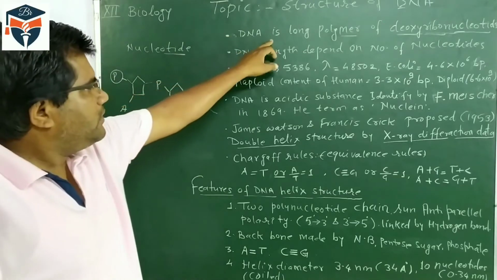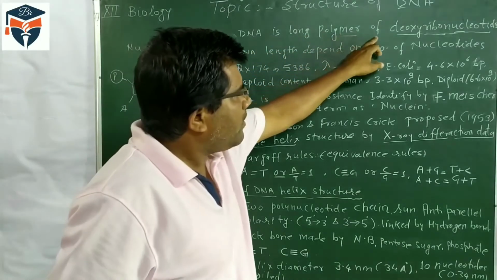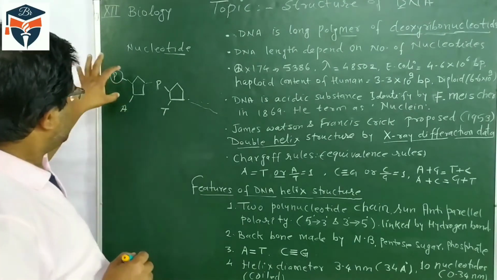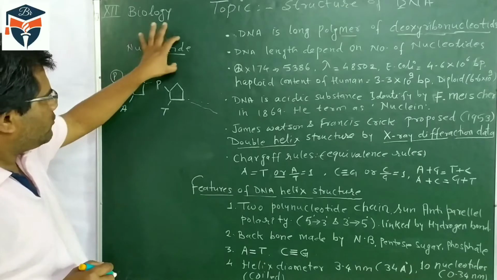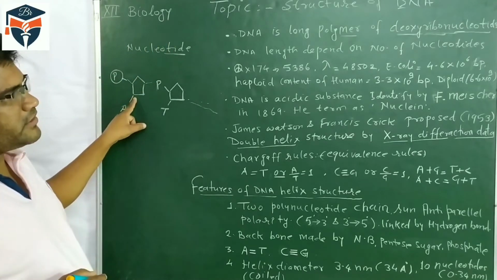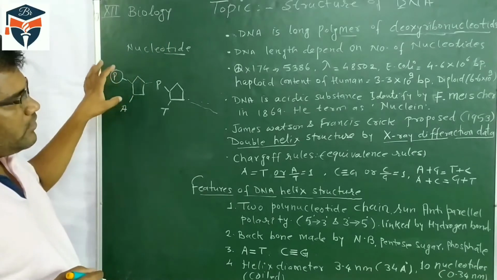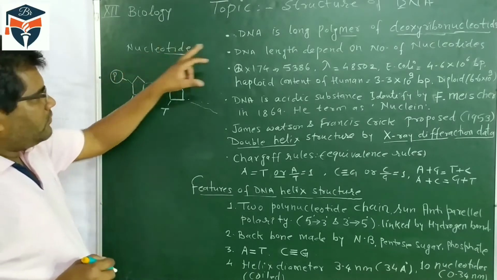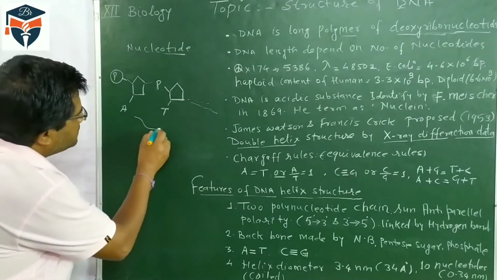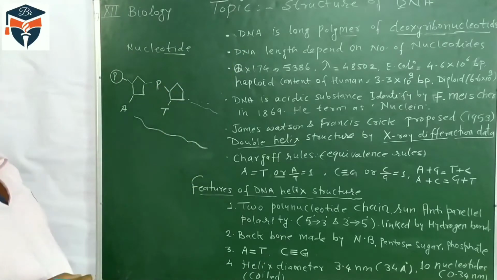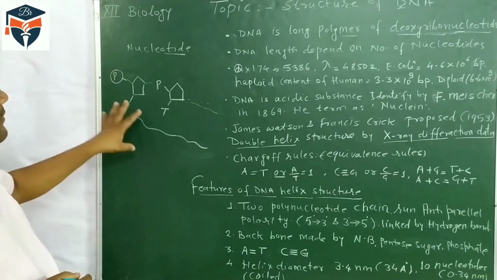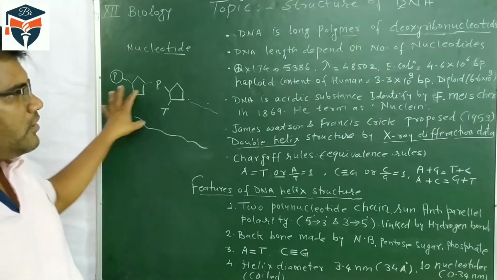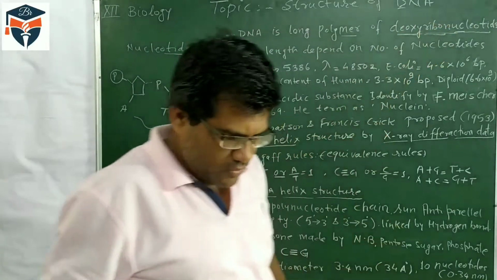So DNA is a long polymer of deoxyribonucleotides, because this is a nucleotide and here is a deoxyribose sugar, so it is called a deoxyribonucleotide. Such a strand of polynucleotide will form, and in this polynucleotide there is deoxyribose sugar.